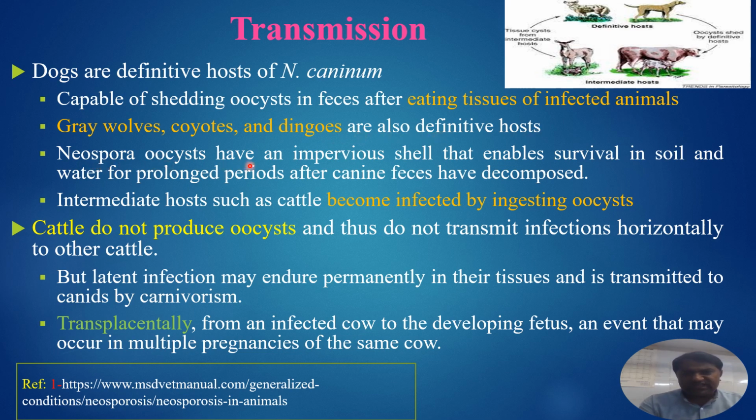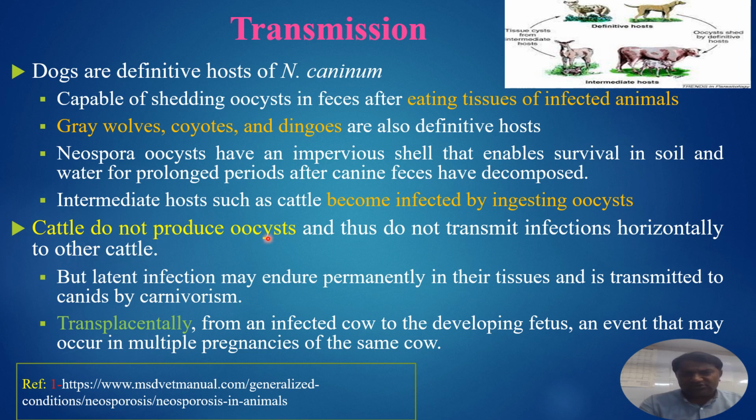Neospora oocysts have an impervious shell that enables survival in soil and water for a prolonged period after the canine feces have decomposed. Intermediate hosts such as cattle become infected by ingesting the oocyst.